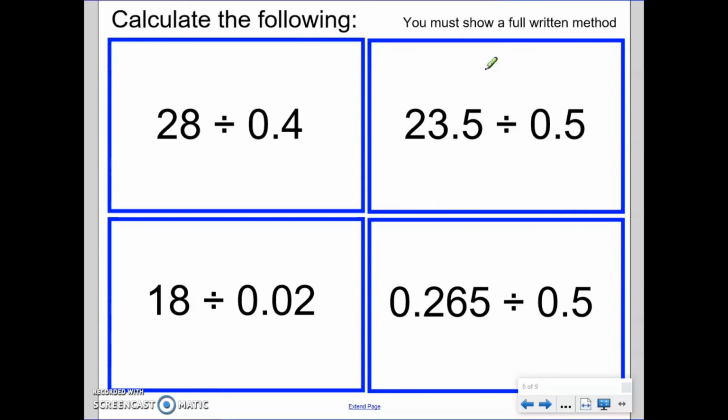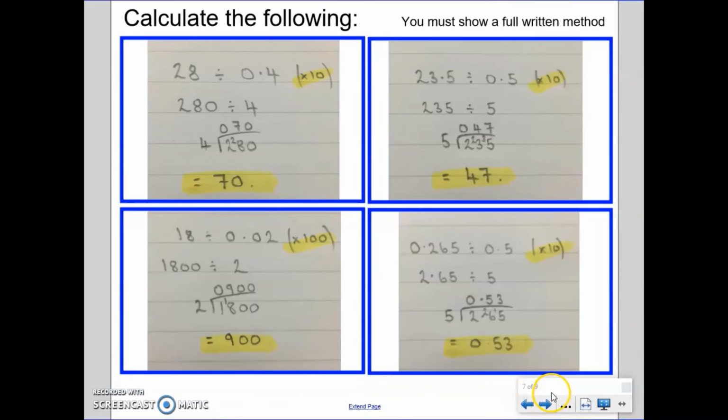Okay, welcome back. This is what my working out looks like. So you can see for each question, I've had a little look at the original question, I've analysed the original question, and I've decided if I want to multiply it by 10 or 100 to make the division easier.